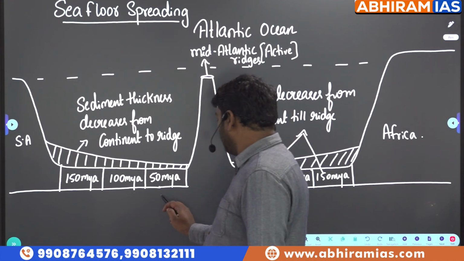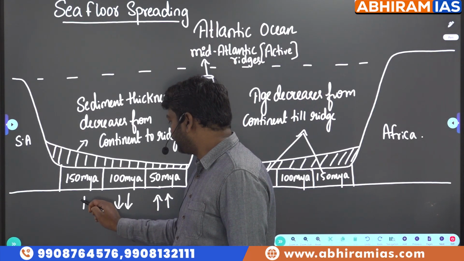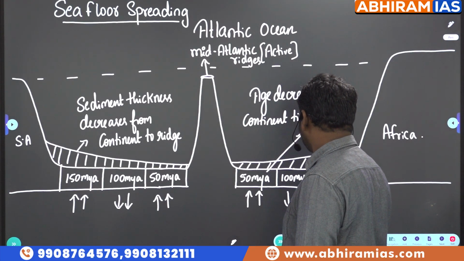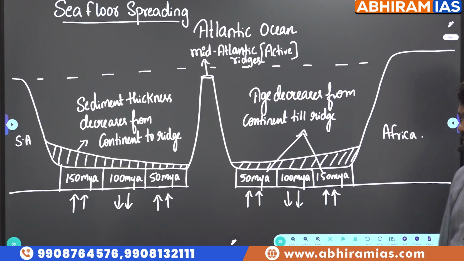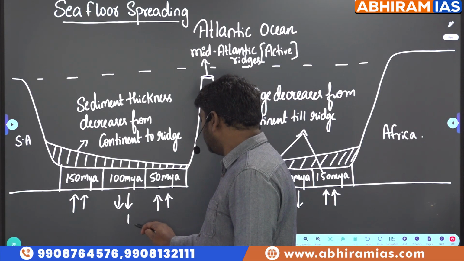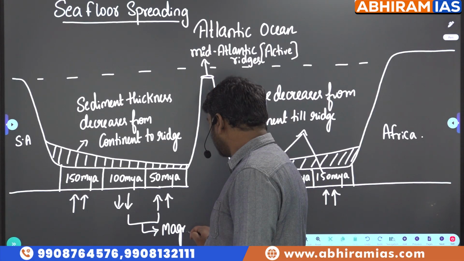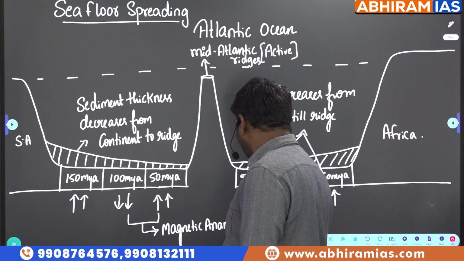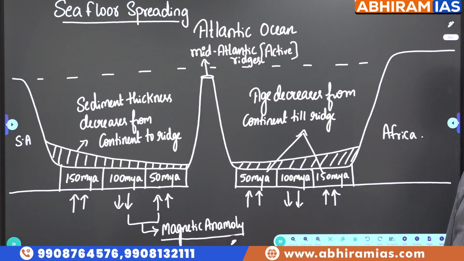And then if we look at the iron particles alignment, it is alternatively arranged, indicating magnetic anomaly.